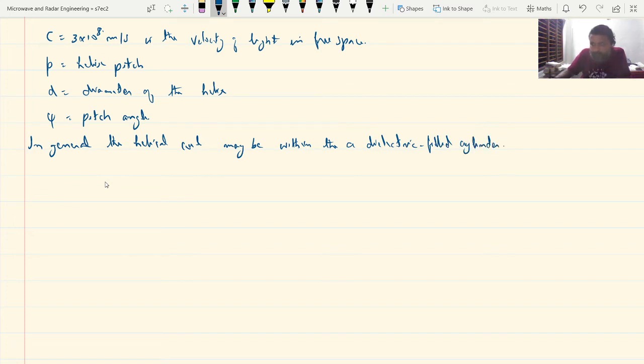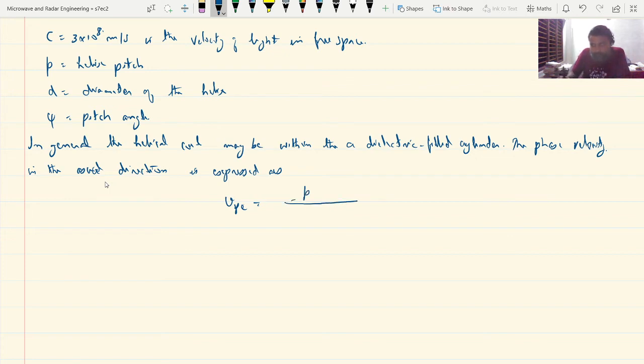The phase velocity in the axial direction is expressed as Vpe is nothing but p by root of mu epsilon p square plus pi d square.